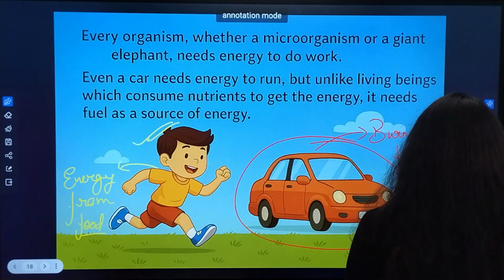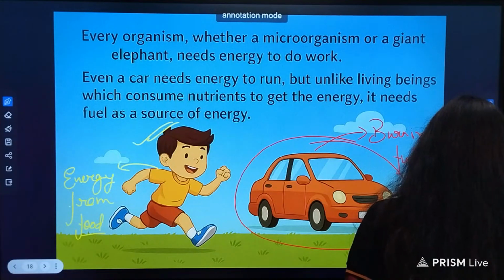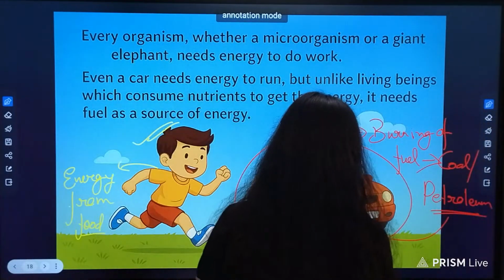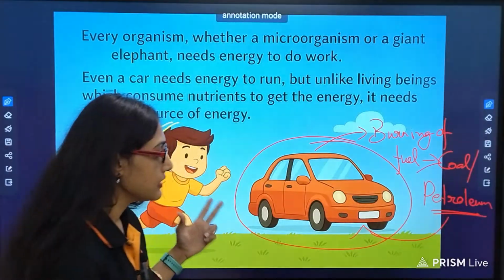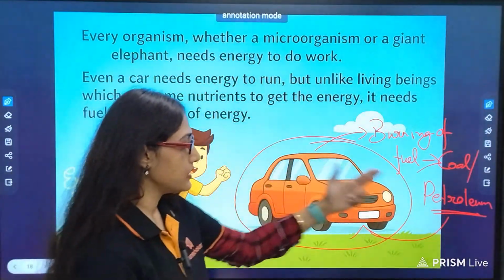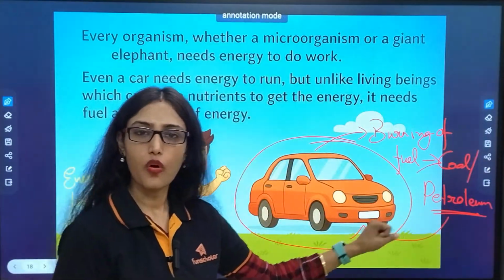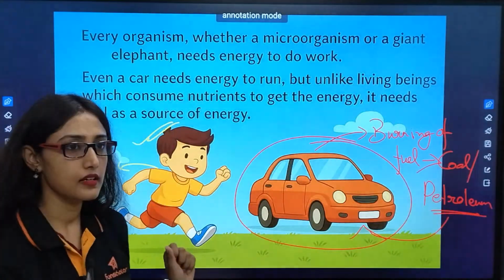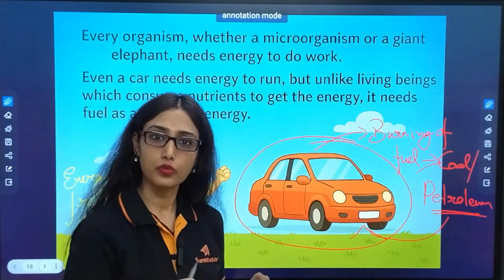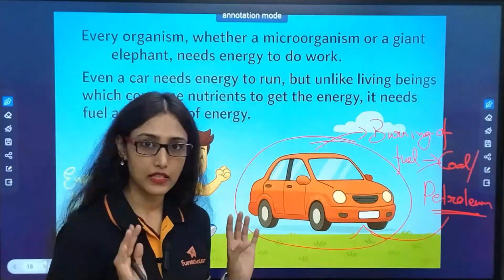Fuel is coal or petroleum. Okay, it runs on petroleum and it gets energy from the burning of petroleum. You have often seen your father driving a car or scooter or bike or whatever it is.